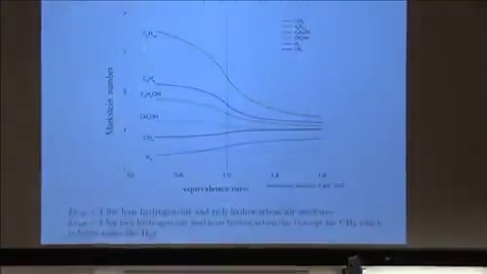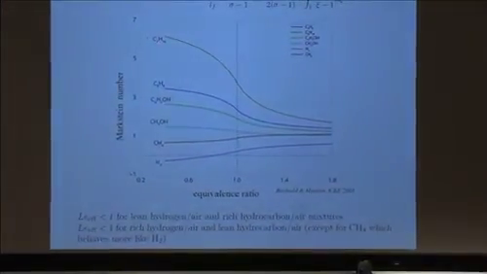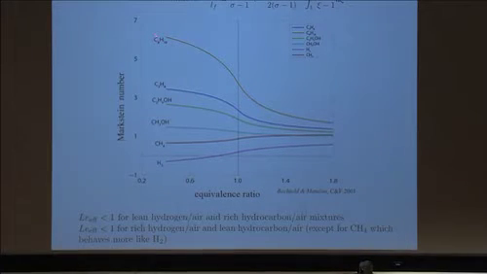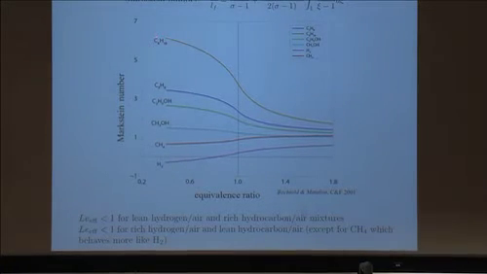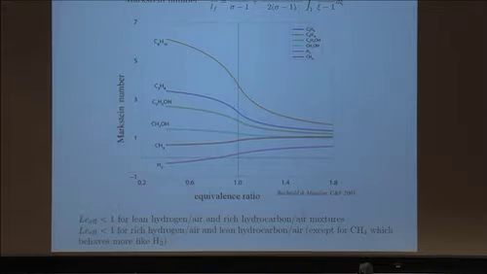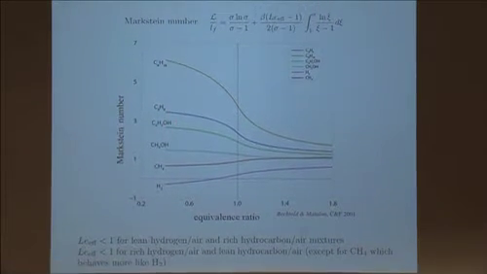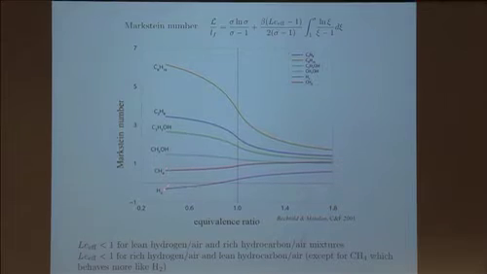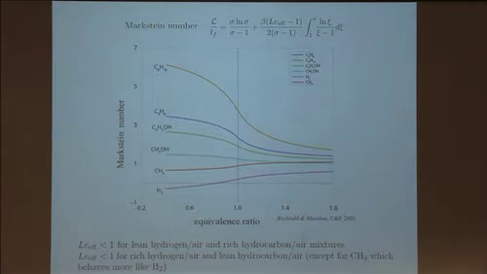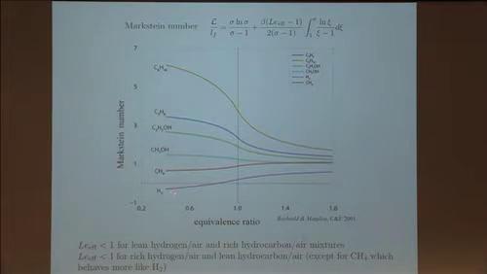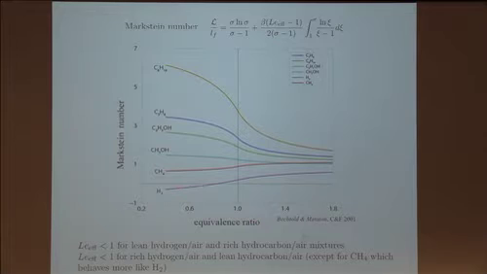And so we see that the Markstein number, or Markstein length for that purpose, the same thing, decreases for the hydrocarbon or the alcohol fuel, but for hydrogen it increases as you increase equivalence ratio. In fact, it's even negative in that case, okay? In the lean regime, and changes to positive later on.